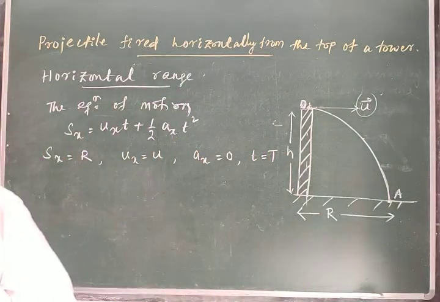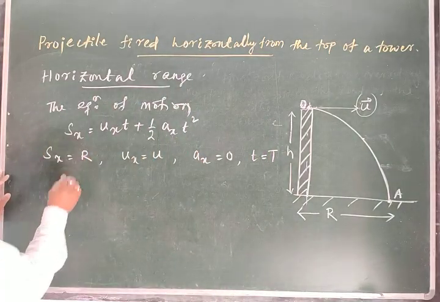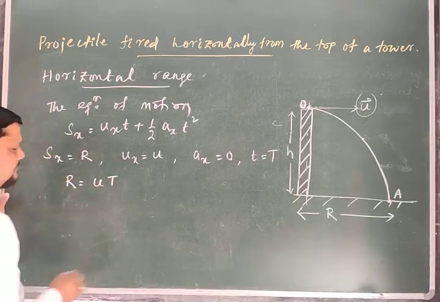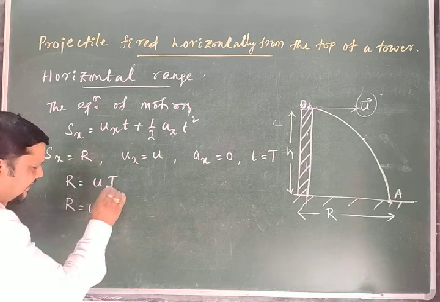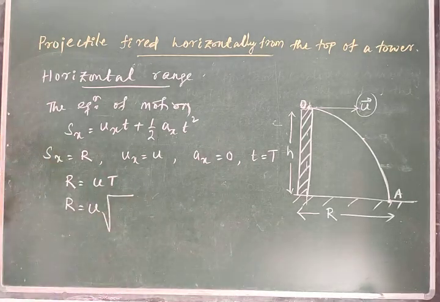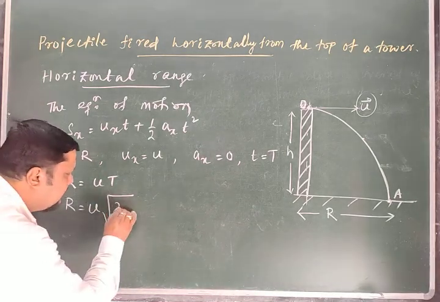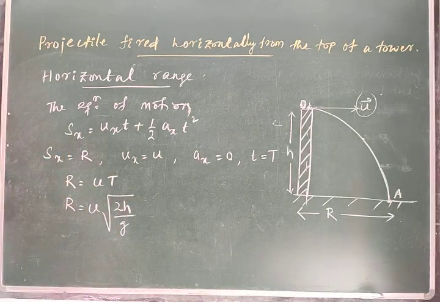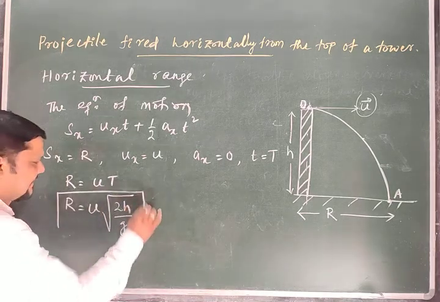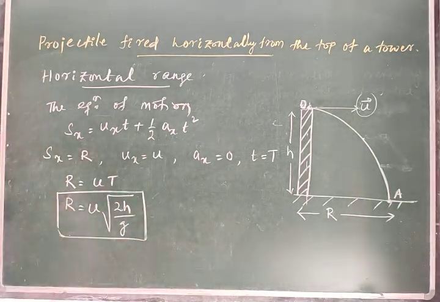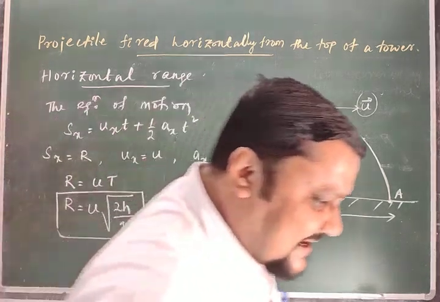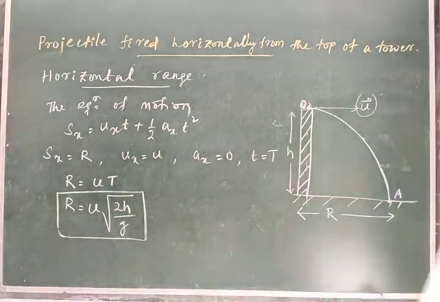So using this, R is equal to u into T. T is equal to root over 2h by g. So this is the horizontal range. What it shows you is that the horizontal range of the projectile projected horizontally from a certain height increases with the increase in its velocity.